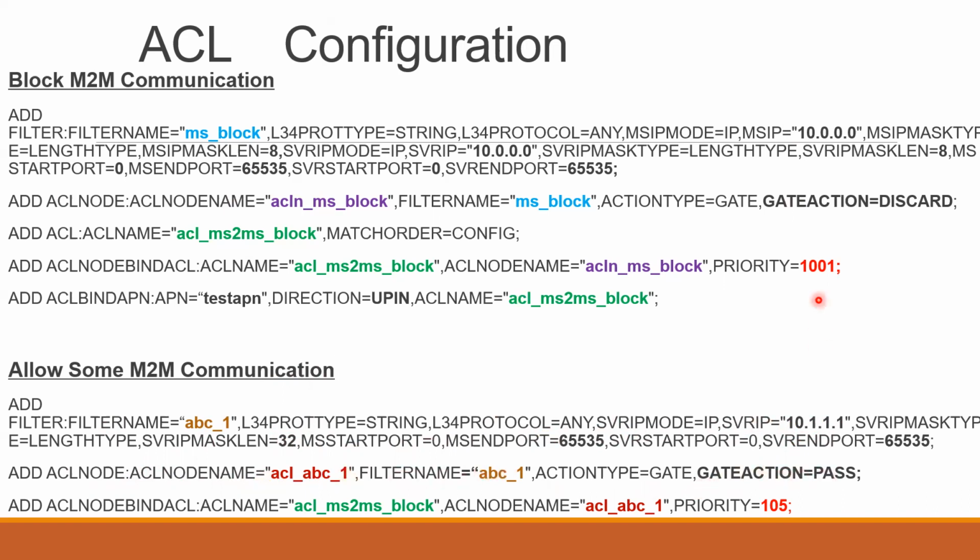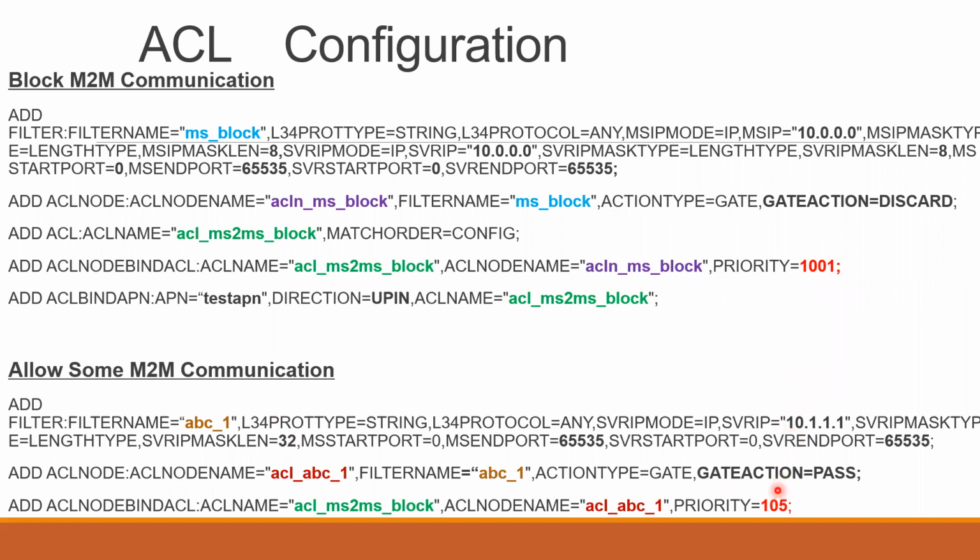So any request that is going towards this specific IP address will be allowed, and any request going towards any other IP address is going to be blocked. And then I'm going to bind this ACL node name to the existing ACL name. How it is going to differentiate is based on this priority.